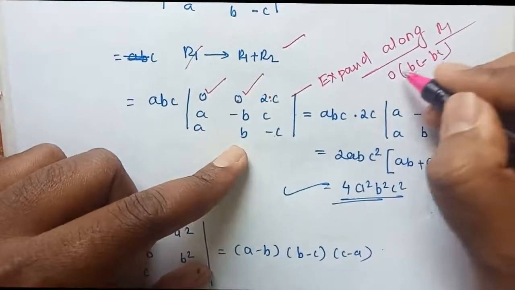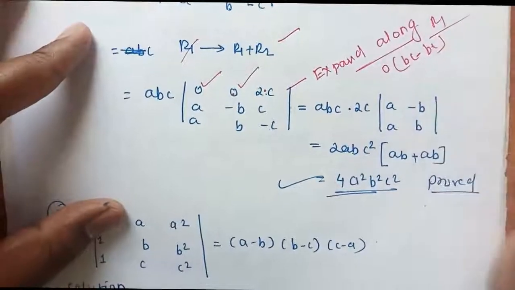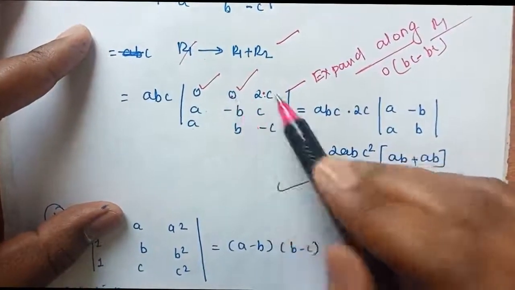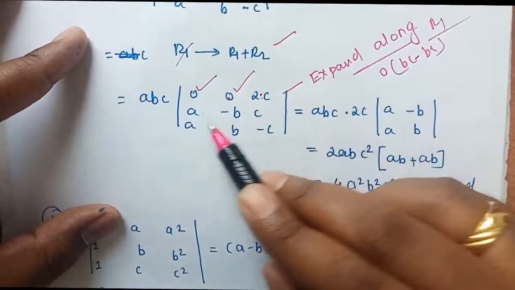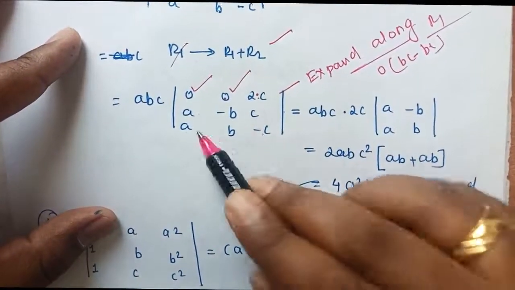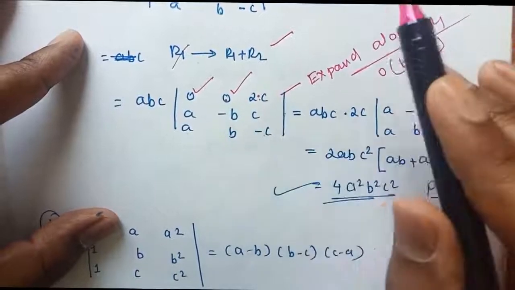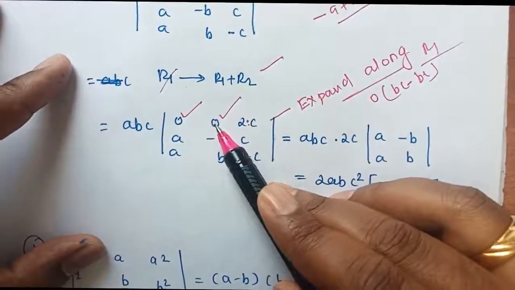So bc minus bc is 0, so 0 will come, that's why I have not written here. Even if I take this 0, I have to leave this column and this row. So a into minus c is minus ac, and this will be minus ac minus minus ac, so again 0 will come. So no need to write for this one also.